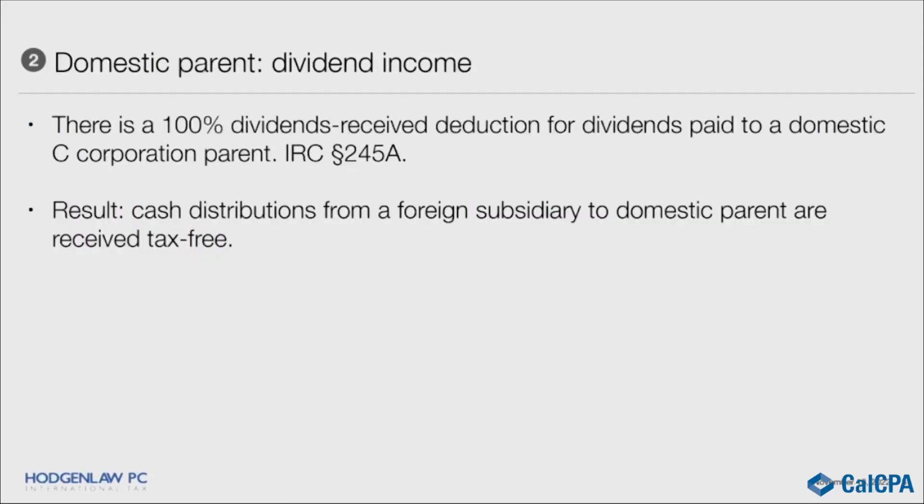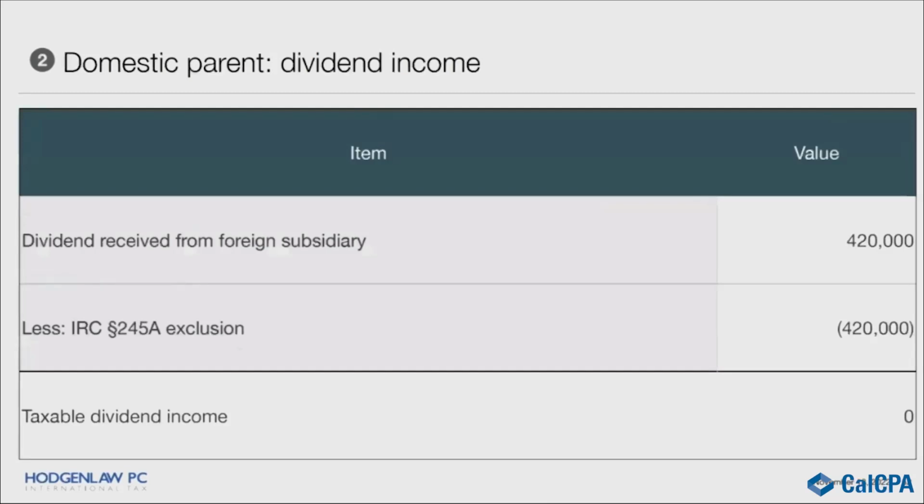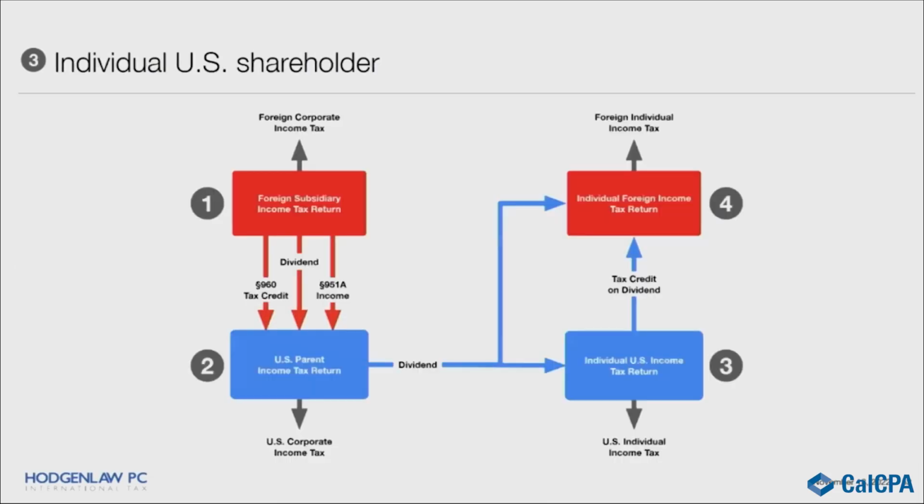Dividend income to the foreign parent, 100% dividend received deduction. So this is not going to affect the corporate parent's tax liability at all. So what we have for taxable dividend income on the Form 1120 is a big fat zero. I didn't do a summary number, but you have corporate income tax paid by the domestic parent, pardon me, of zero.